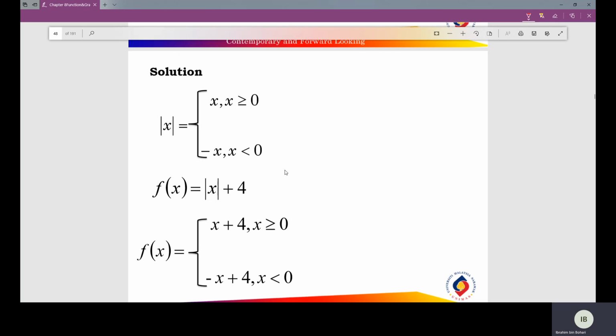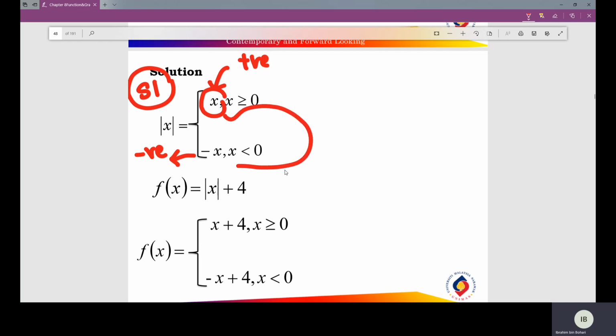Question B, f(x) equals modulus of x plus 4. First step, you write down the absolute value function in piecewise form. So the first part of the function, f(x) equals positive x. And the second part of the function, f(x) equals negative x. Then the first function, you substitute into f(x).